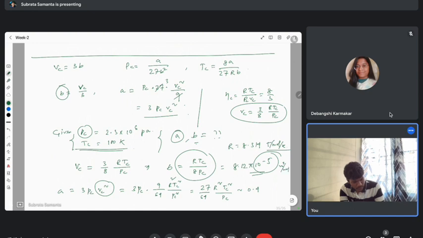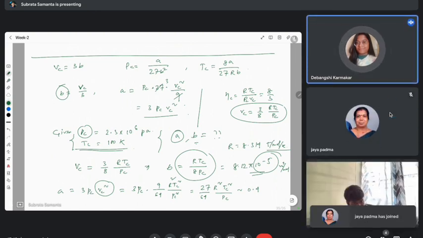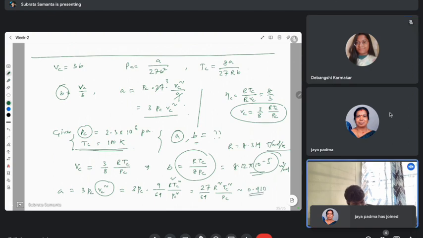Let's cross check, and this is 0.410. The unit is Newton meter to the power 4 by mole square. Right?